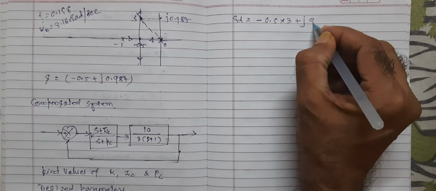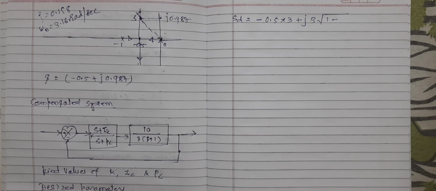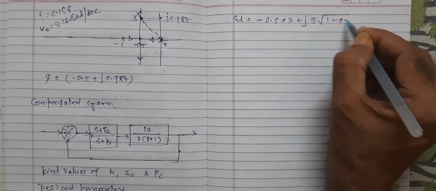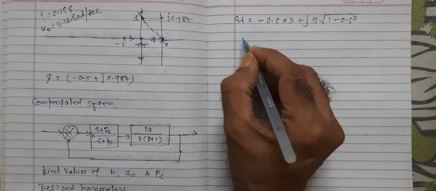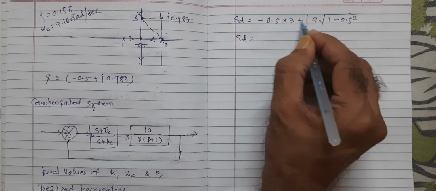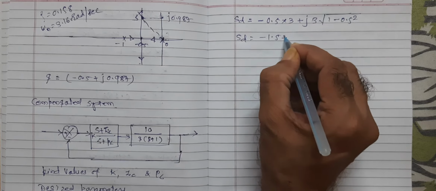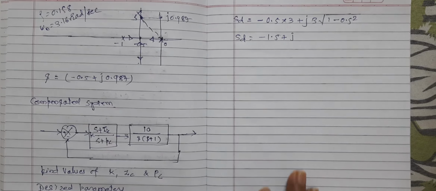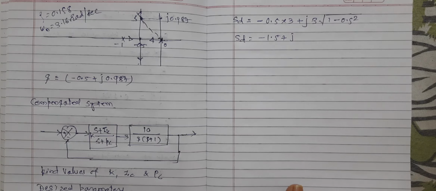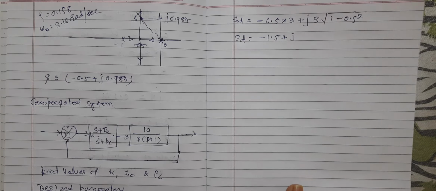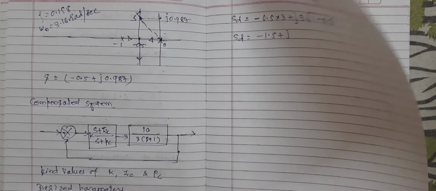Omega n means 3 multiplied by the root of 1 minus 0.5 square. If we calculate this, it comes 0.5 multiplied by 3, that is 1.5, plus j, and here I have calculated this one, and it is coming 2.598.